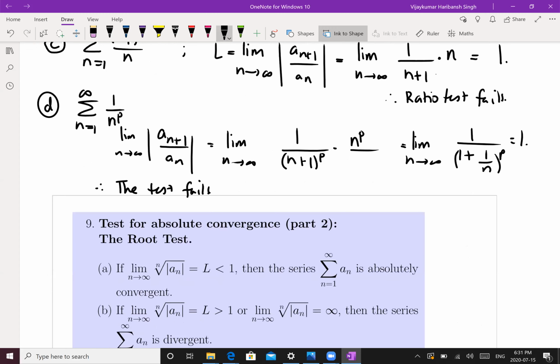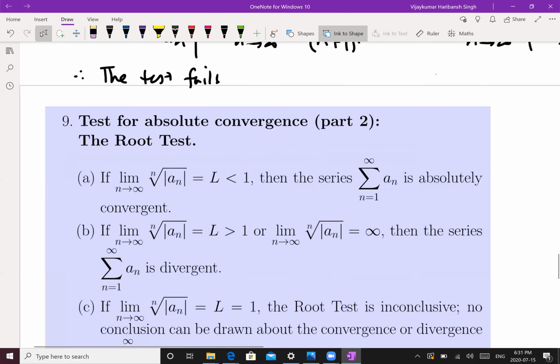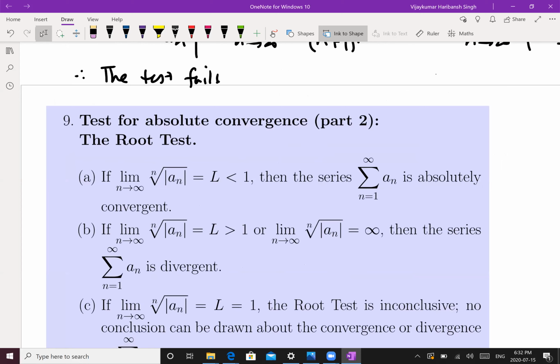Now, very similar to the ratio test, we have what is called the root test. Again, the idea is for testing whether the given series is absolutely convergent or divergent. In the root test, you take the term a_n, take the absolute value of that term, raise it to the power 1 over n, take the limit as n goes to infinity of this, and call this L. So this is the nth root of a_n, right?